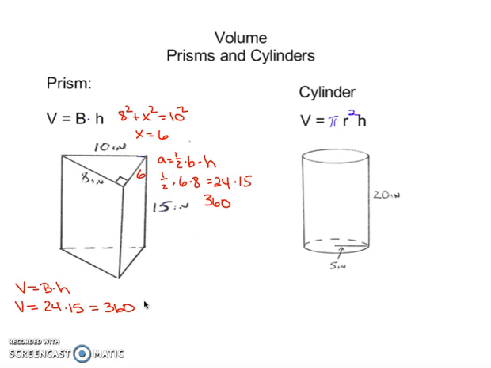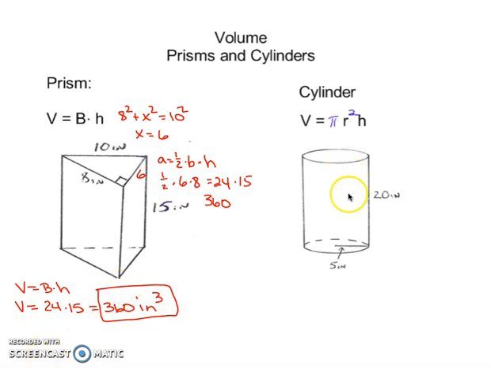Your exponent needs to be a 3. So for our answer, since this was in inches, it would be 360 inches cubed, because you have units cubed. This would be units squared times, this would also include your units, and that's how we get units cubed. So that would be our final answer for our volume.